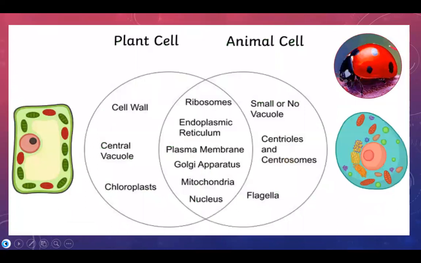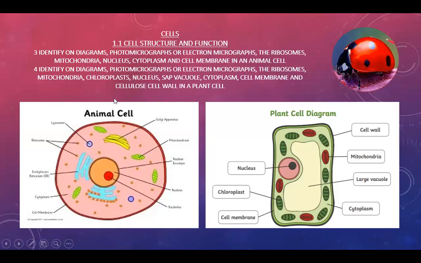In the animal cell, what are the main parts that we are supposed to look into? In an animal cell, there are a number of things that we need to focus on. The most important thing is to remember that the animal cell does not have a fixed shape because the animal cell does not contain a cell wall.